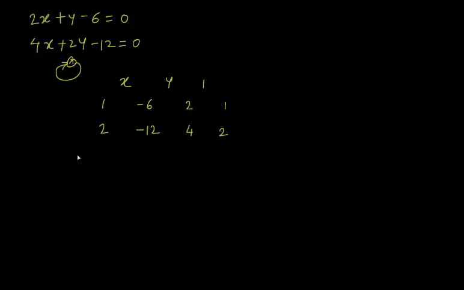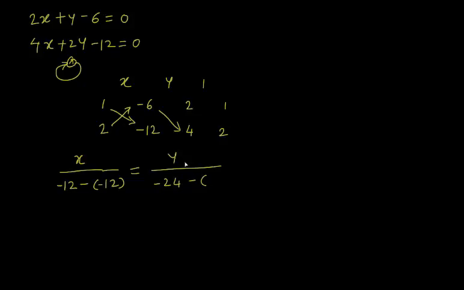Let's write it in equation form. So x upon, we have to cross multiply 1 and minus 12. So we'll get minus 12 minus 2 into minus 6, which will be minus 12, equal to y upon minus 6 into 4 will be minus 24, minus 12 into 2 will be minus 24, is equal to 1 upon 2 into 2 will be 4, minus 4 into 1 will be minus 4.